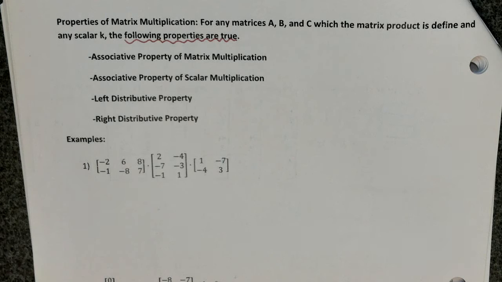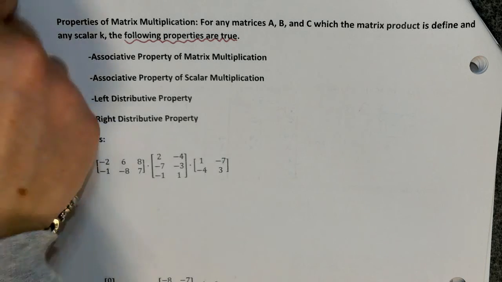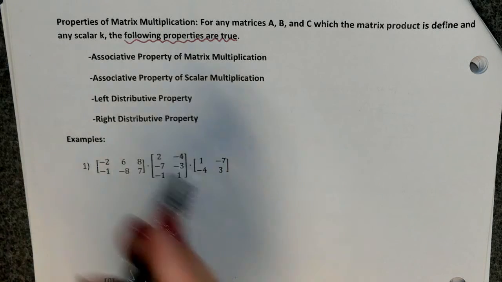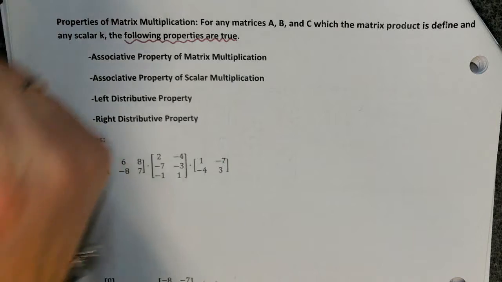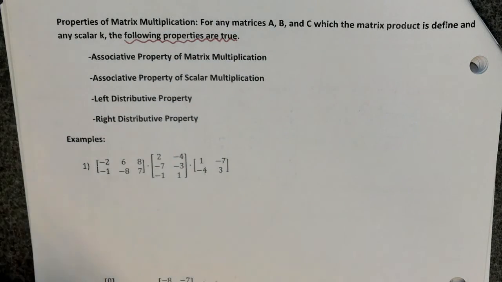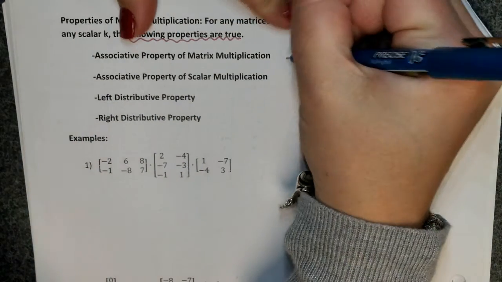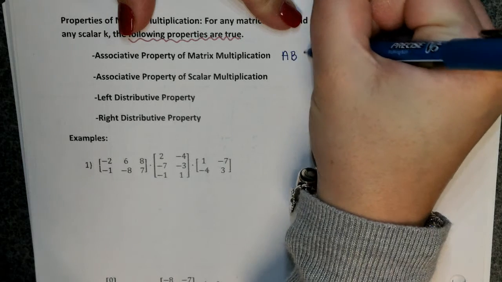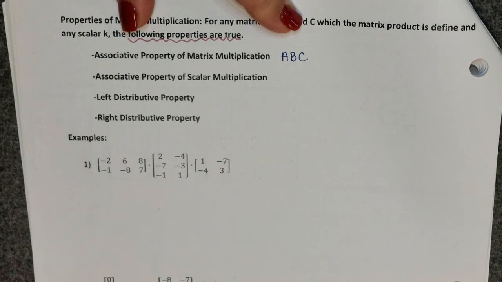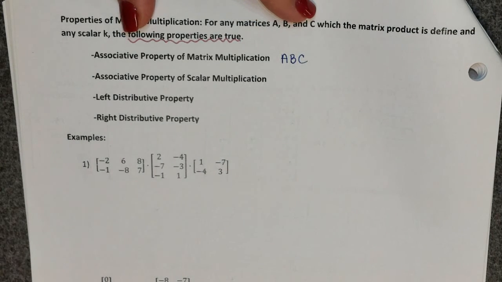So the associative property is grouping things together. If I have 3 matrices, A, B, and C, and I multiply them together, so matrix A times matrix B times matrix C. Remember, if I don't put anything in between the letters, it means multiplication.